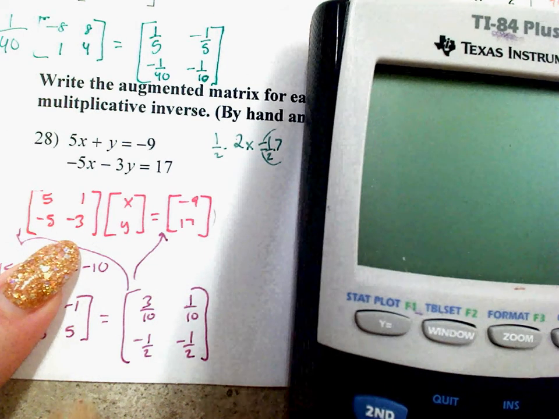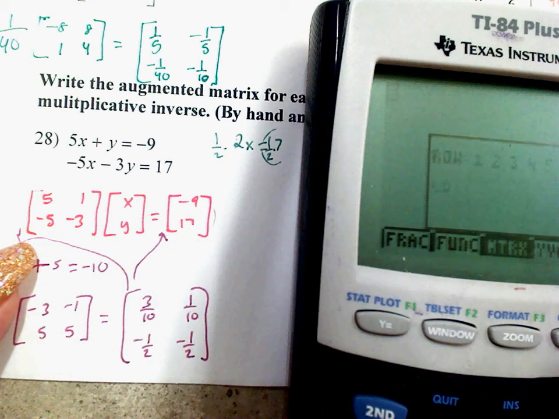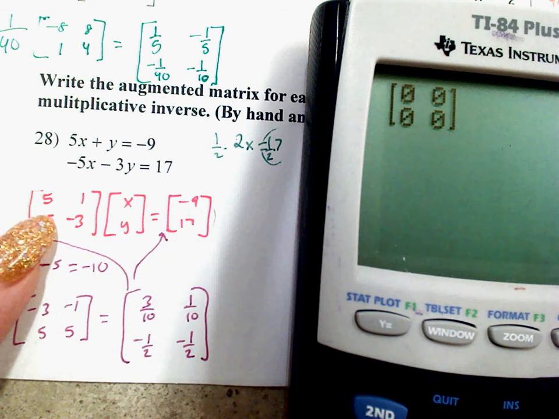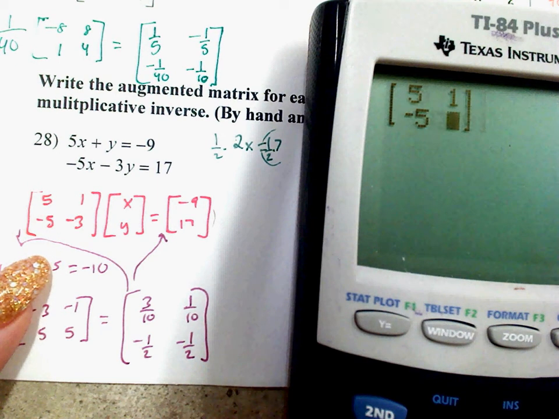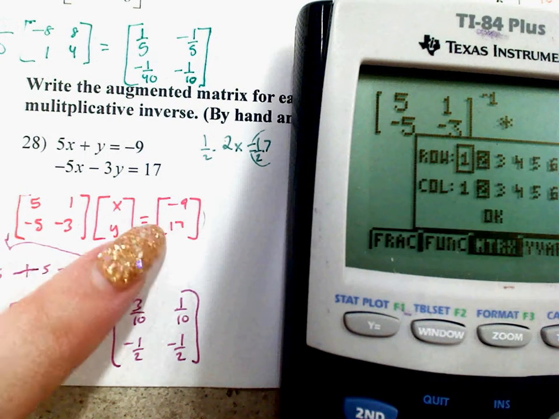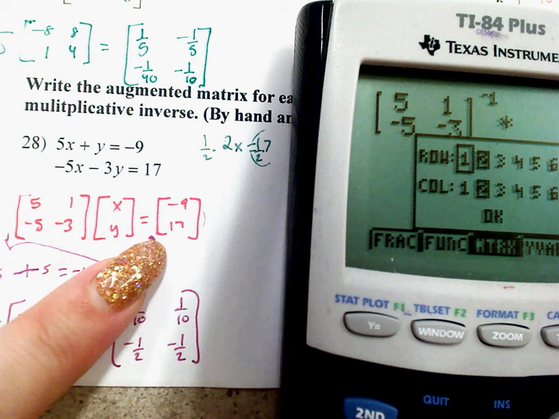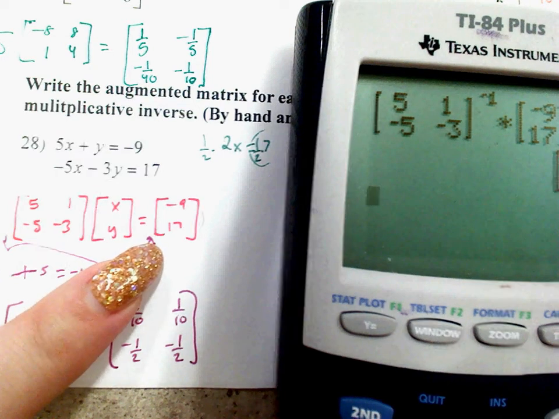Because remember, we found the multiplicative inverse and multiply times that, right? So, alpha zoom, 2 by 2. I'm going to type in the original: 5, 1, negative 5, negative 3. And then the inverse of that. So the inverse times alpha zoom, the matrix which is a 2 by 1. Okay, so negative 9 and 17. And I get negative 1, negative 4, and that's my answer.